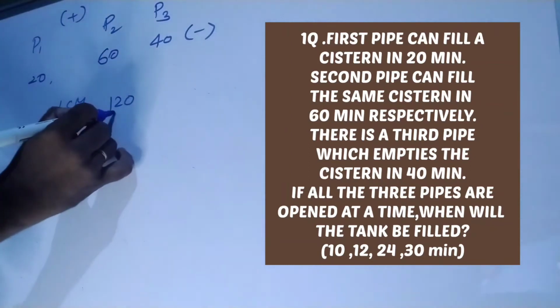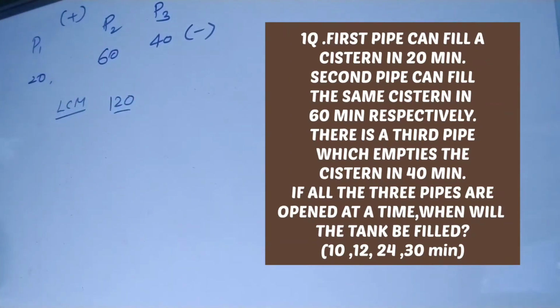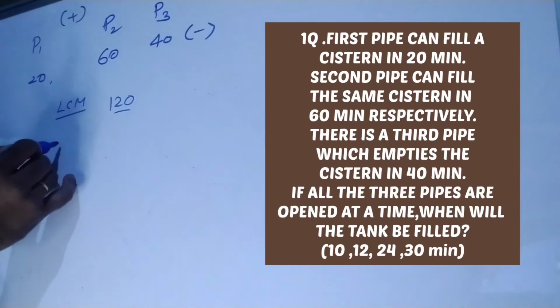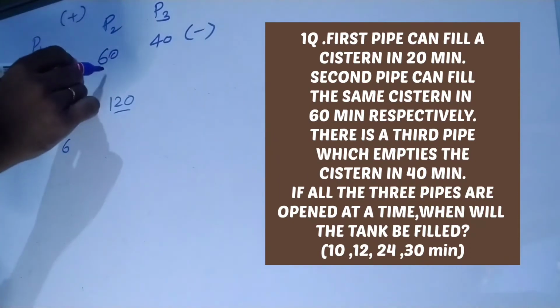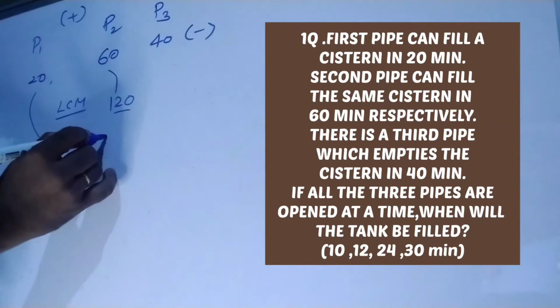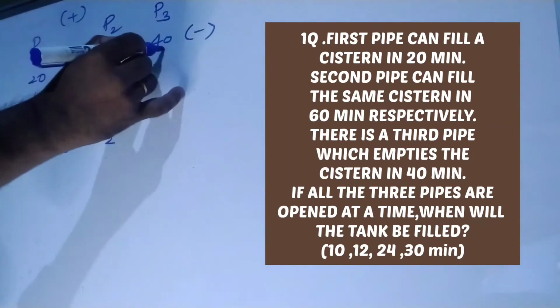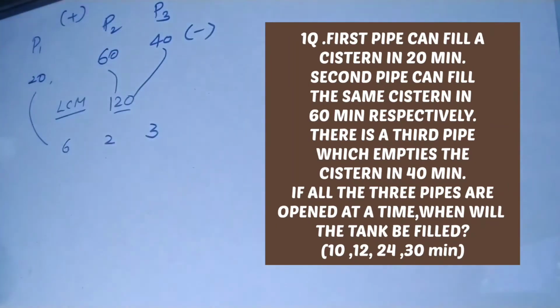So LCM is 120 for 20, 60 and 40. So what I am going to do is 20 into how many times? 6 times. 20 into 6, 120. 60 into 2, 120. 40 into 3, 120.